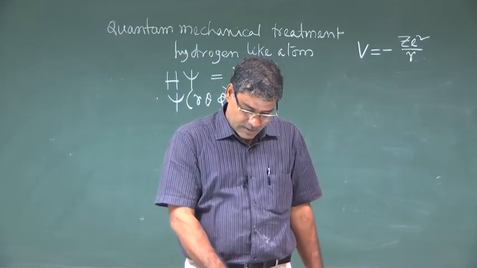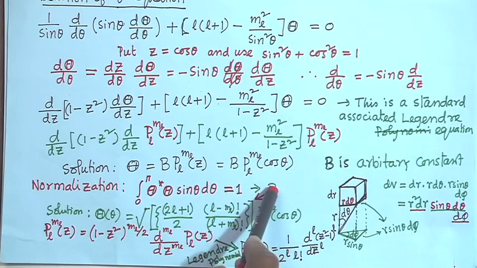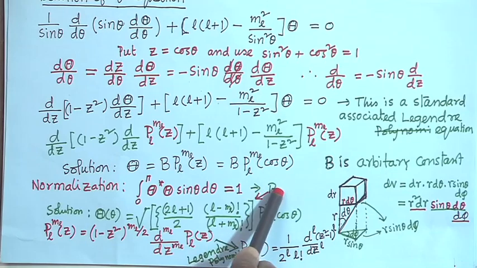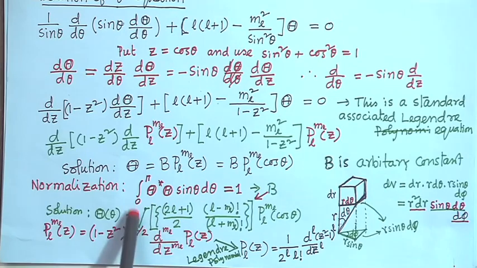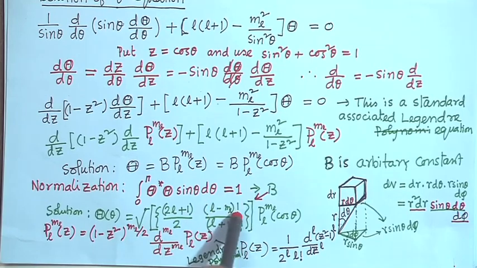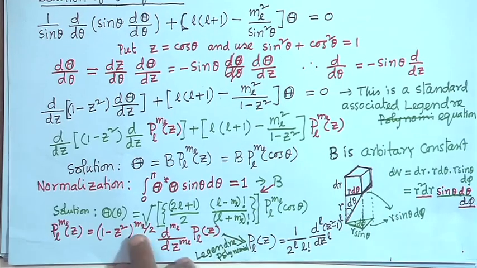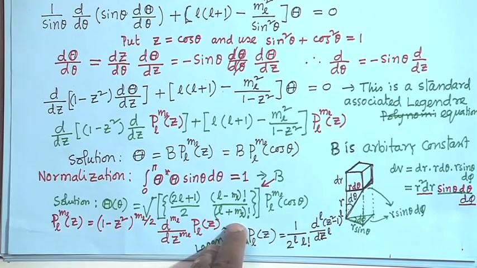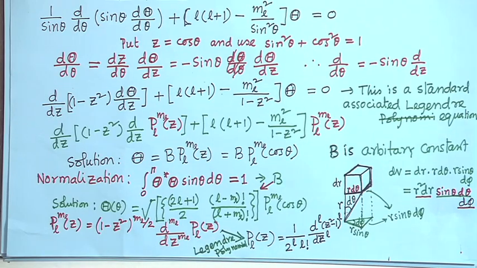So, here if I normalize, this normalized B value comes to be the square root of, in the second bracket, (2L plus 1) by 2 into (L minus ML) factorial over (L plus ML) factorial.